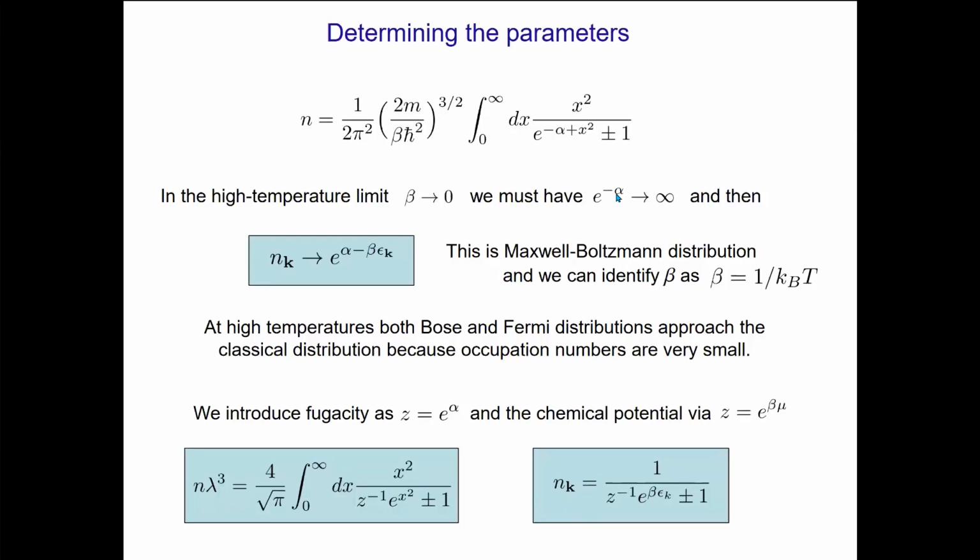Then, when exponential of minus alpha becomes large, in this limit we will get a finite density. And we expect to have the Maxwell-Boltzmann distribution, because the difference between bosons and fermions will disappear.